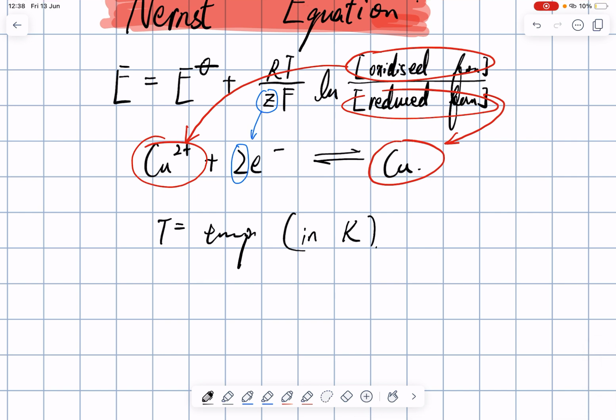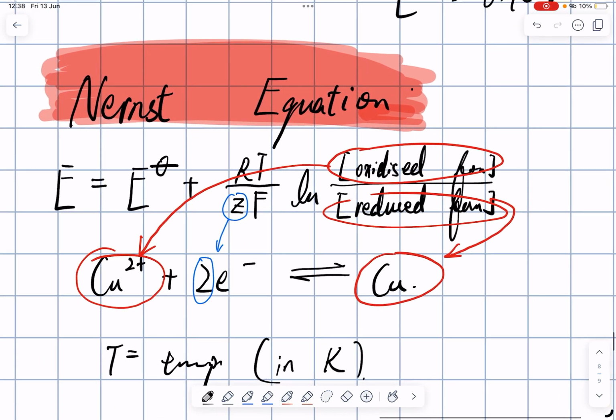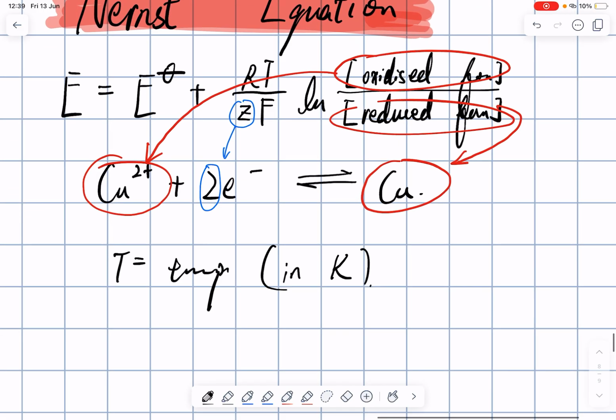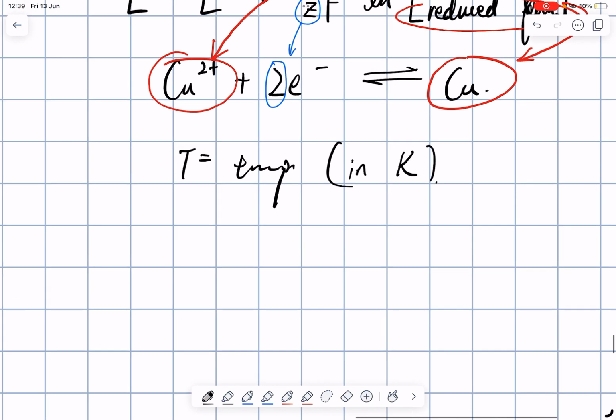So we can clearly know how this equation works. When you get a temperature, a formula, and the concentrations of the oxidized form and reduced form, you can just plug those values in and obtain the E value under non-standard conditions.